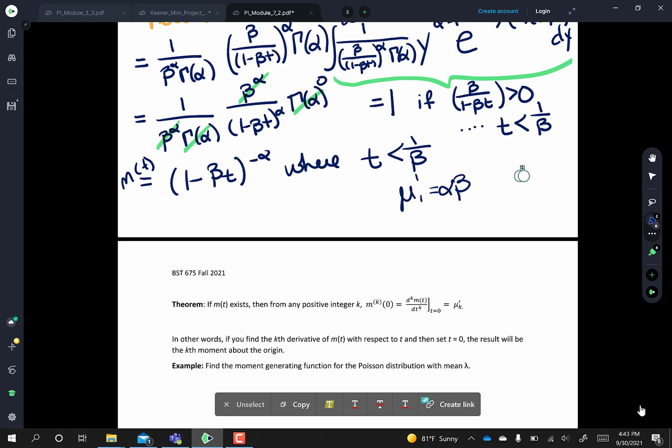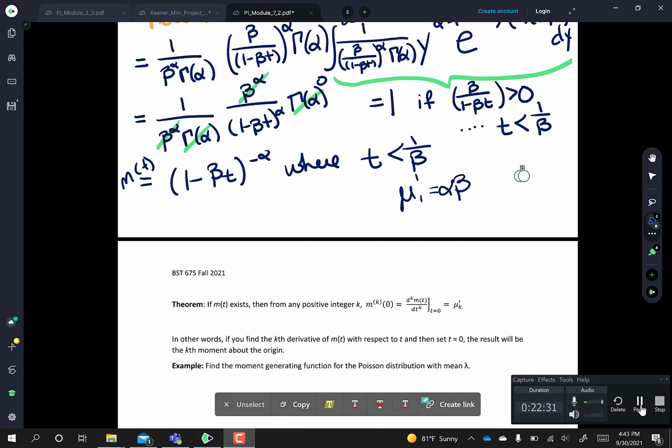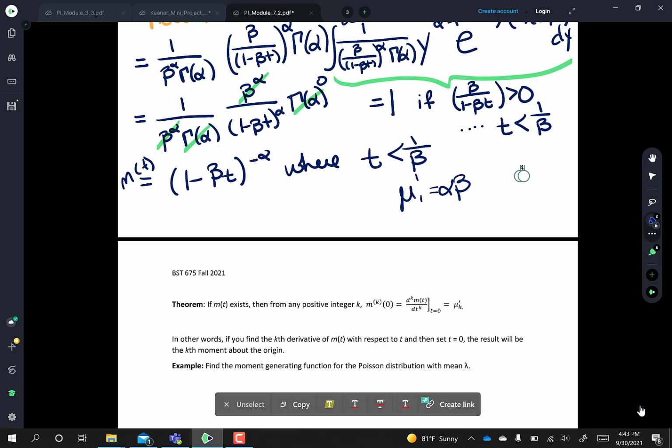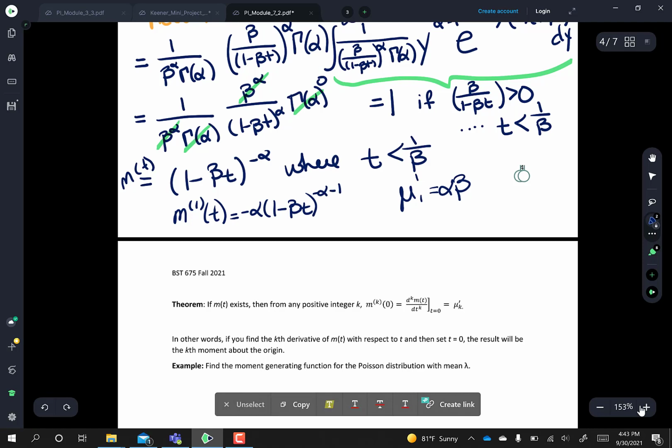So here we have 1 minus beta t to the negative alpha. The first thing we're going to do is take the kth derivative, or probably the first derivative. So if we look at that first derivative, this is going to be equal to minus alpha times 1 minus beta t to the minus alpha minus 1, times negative beta.